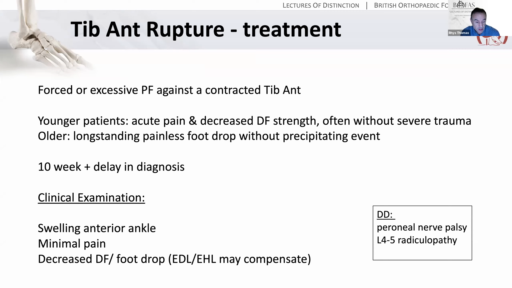It may be that in some patients the long extensors compensate for their foot drop and they haven't noticed a significant loss of function. Differential diagnosis is essentially between either a peroneal nerve palsy or an L4-5 radiculopathy.